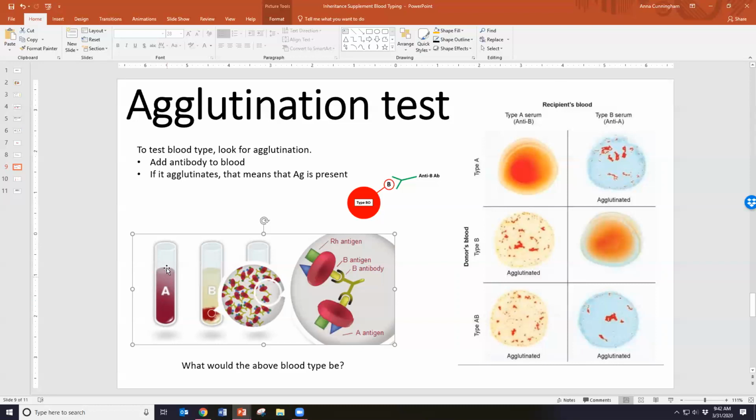This would mean that the anti-A antibodies didn't recognize anything. Okay. And then in this test tube, this is a bad example, but I didn't make this figure, so ignore it. Here we have the blood and we add anti-B antibodies. Since those antibodies recognize the red blood cells, they started clumping them up, right? So you see the red blood cells have started clumping.